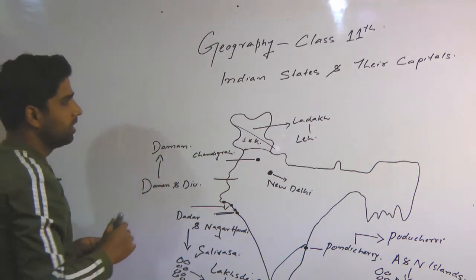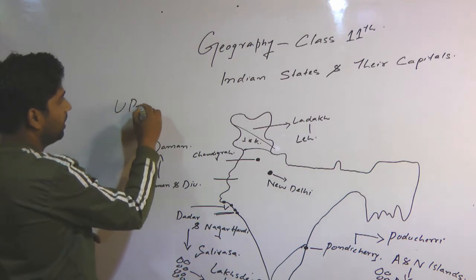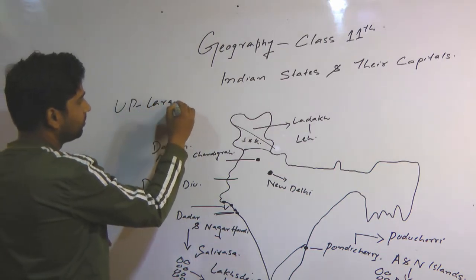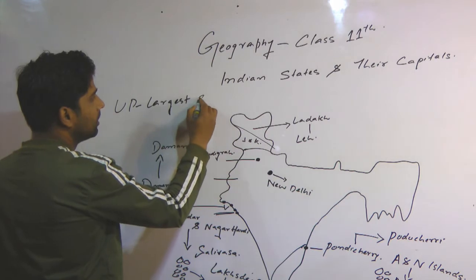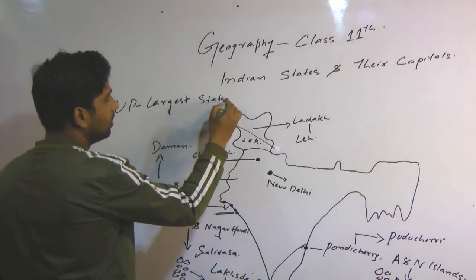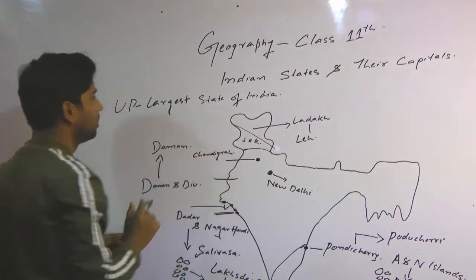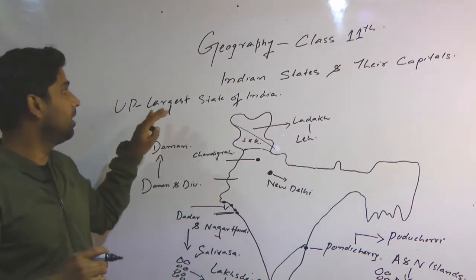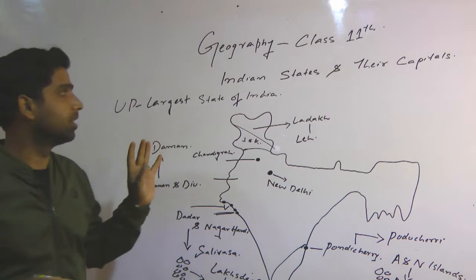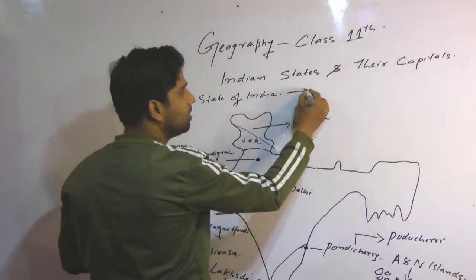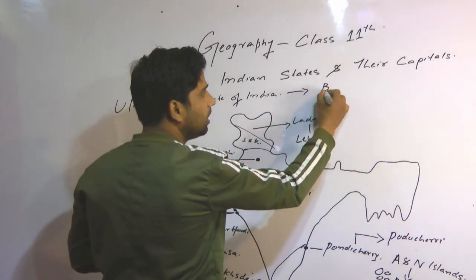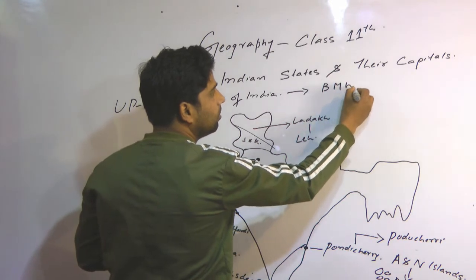Now Uttar Pradesh is the largest state of India in terms of population, followed by BMW.